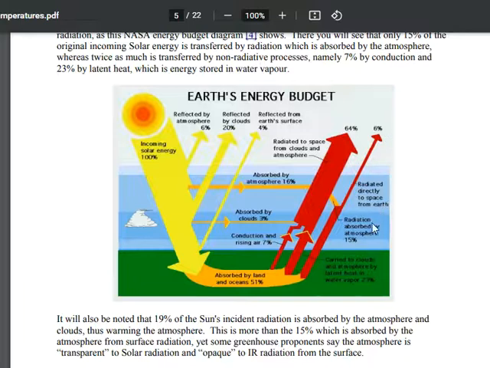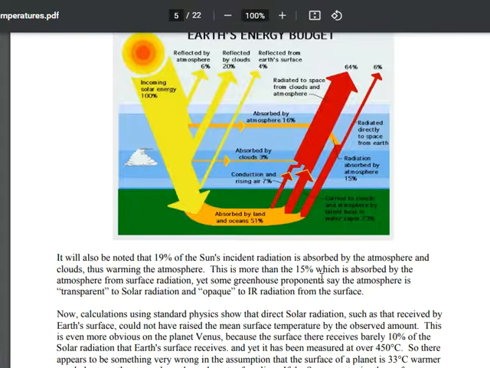So that factor of 21, 6 divided by 21 is actually about 28.6%. 28.6% of the infrared from the ground actually makes it directly out of the atmosphere. Anyway, these numbers that he gives here are not exactly well represented by the diagram.